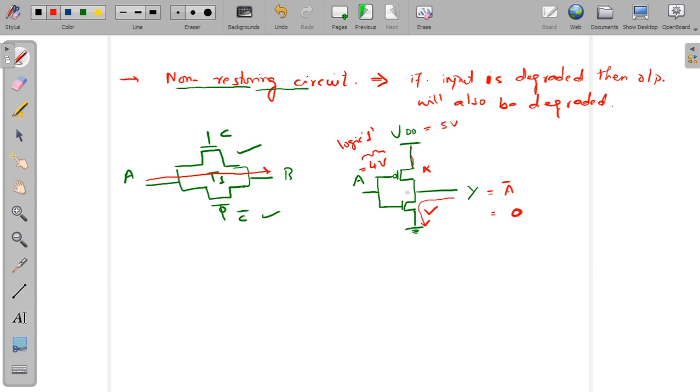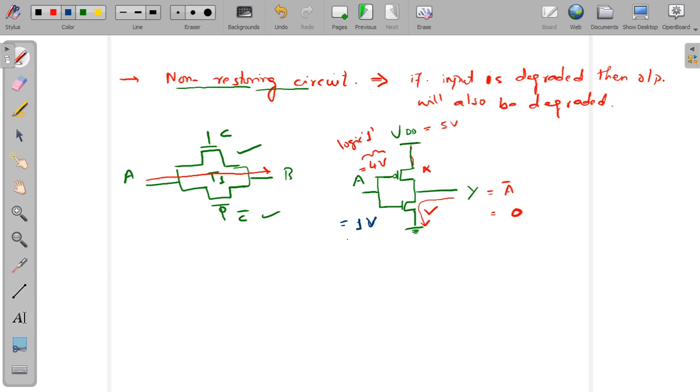Okay, let's say another case. Let's say if A is 1 voltage, it is not perfectly logic 0, but it's 1 voltage.